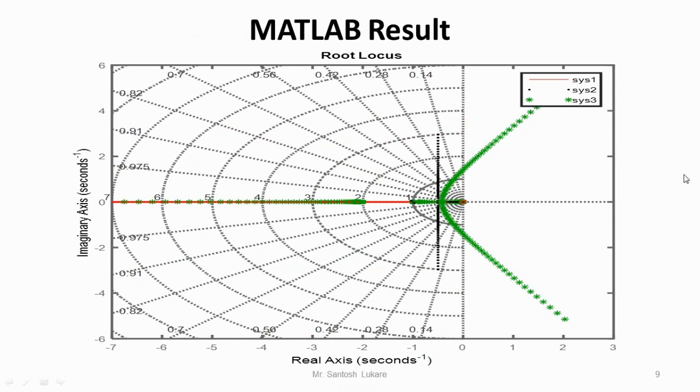So here we may say that if we plot the root locus of all these three systems together, it is observed that the root locus of the original system, the plant K by s, tends towards infinity, or travels towards the left hand side of the s plane.